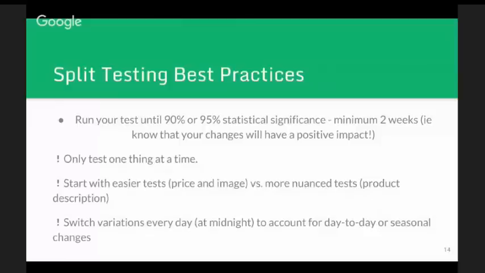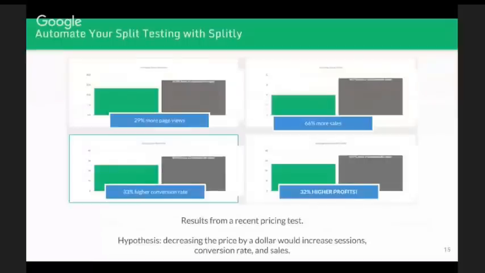You can put in the number of sessions and conversions and see if it's statistically significant. What that means is, was this a fluke, or do the changes you're making have a big impact?